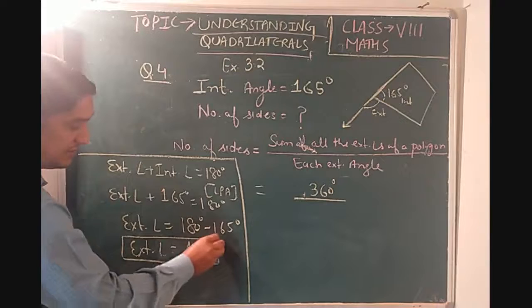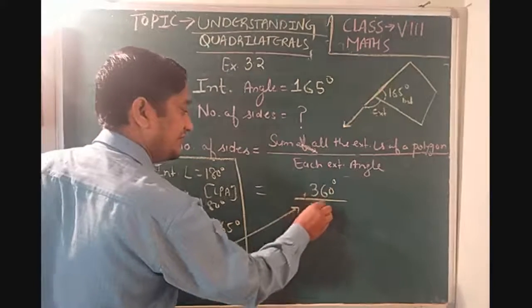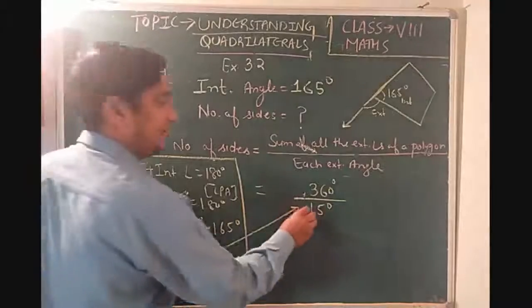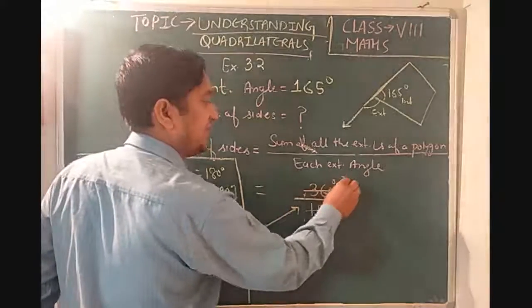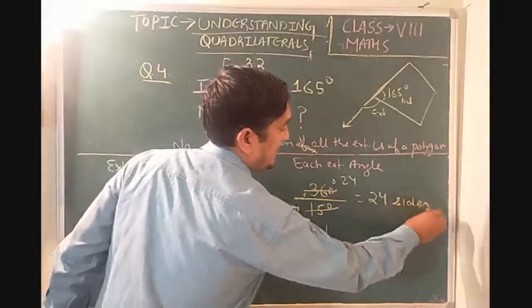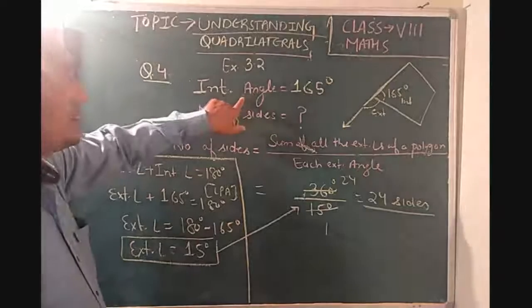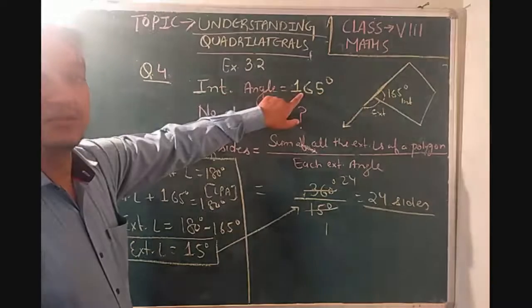Now this is the exterior angle. Now substitute 15 degrees here. Now we can divide 360 by 15. We get 24 sides. Here we have 24 sides if an interior angle is 165 degrees.